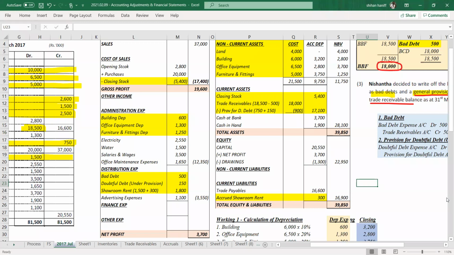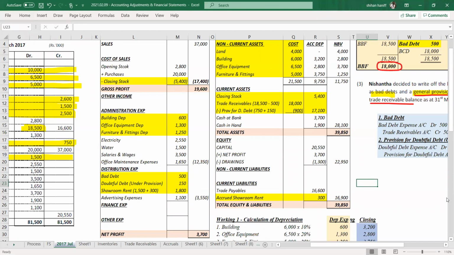So now once you know the structure, how we do the adjustments, it will be easy for us to do the accounting adjustments one by one. Now you know where double entries go: income statement, statement of financial position, right?